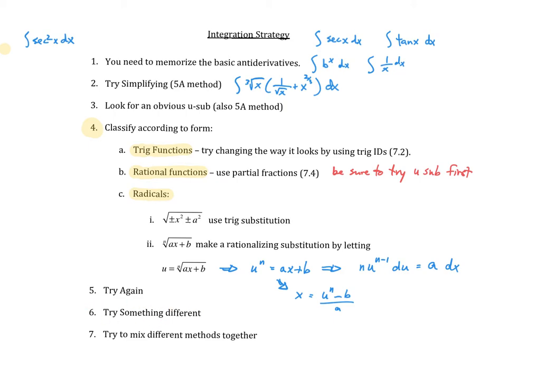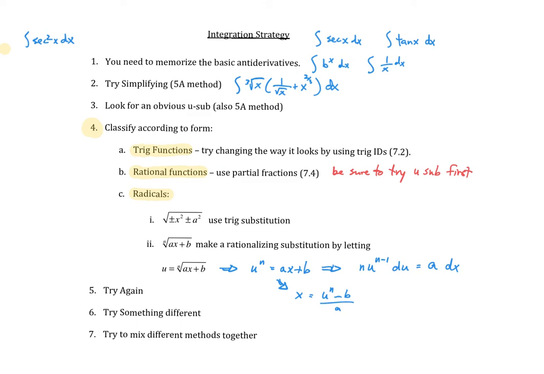For example, we said you might want to use trig substitution if there's a radical. Well, in our partial fraction decomposition video, we saw an example where we used trig substitution and there was no radical. So sometimes you have to try something different. Finally, you might need to mix different methods together. A lot of times trig substitution devolves into a trig integral, so a lot of times you already mix different methods together.